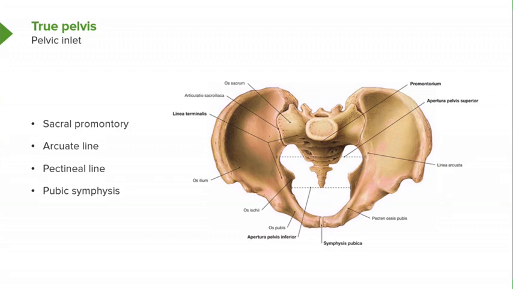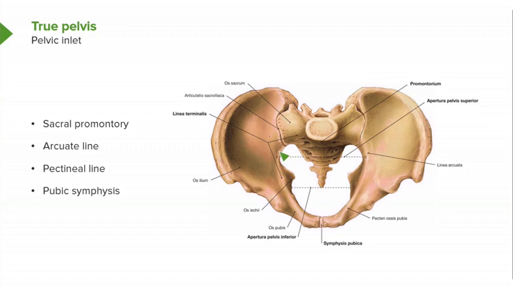The next slide helps us to have a better understanding of the landmarks that describe the pelvic inlet. And specifically, we'll have the sacral promontory here posteriorly. And if we go to the left here, we will find the ala of the sacrum.